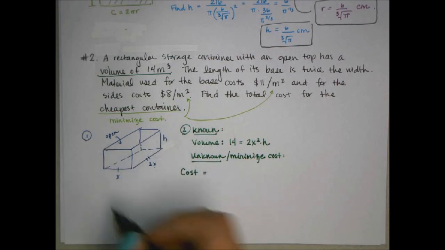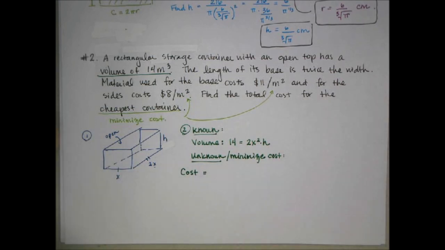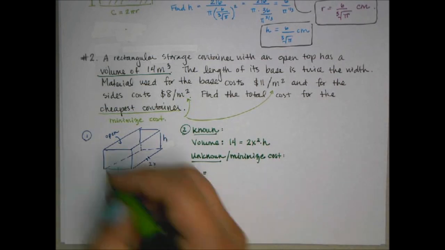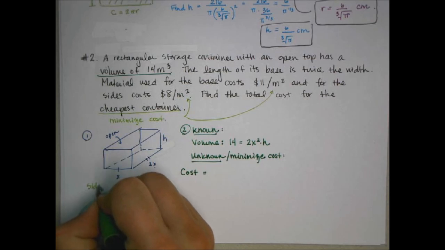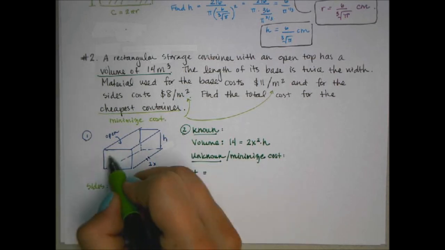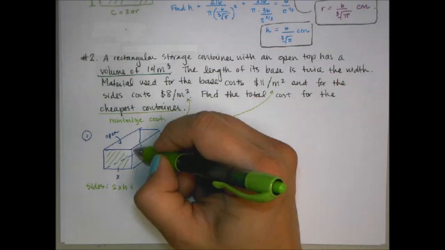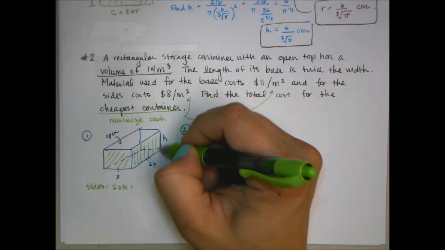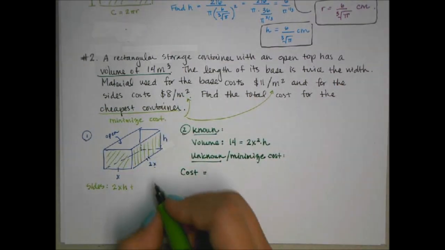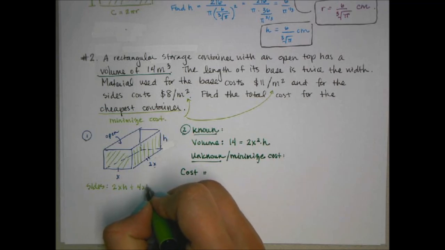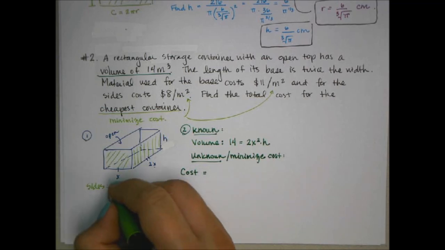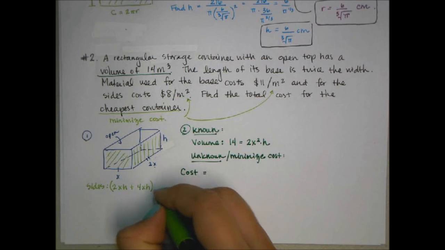So let's go back and look at our side material. So the front and the back both measure x by h. So I have two sides of x. The right and left sides measure 2x by h. So that's going to be 4xh. Okay, and then we're told that for this surface area, it's $8.